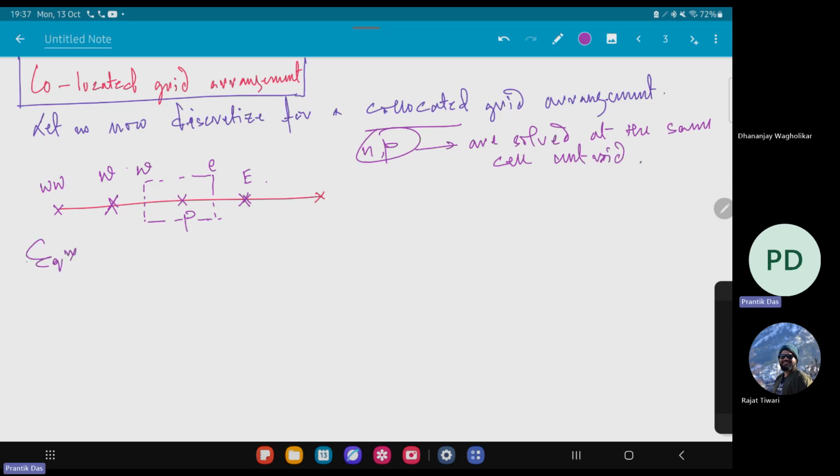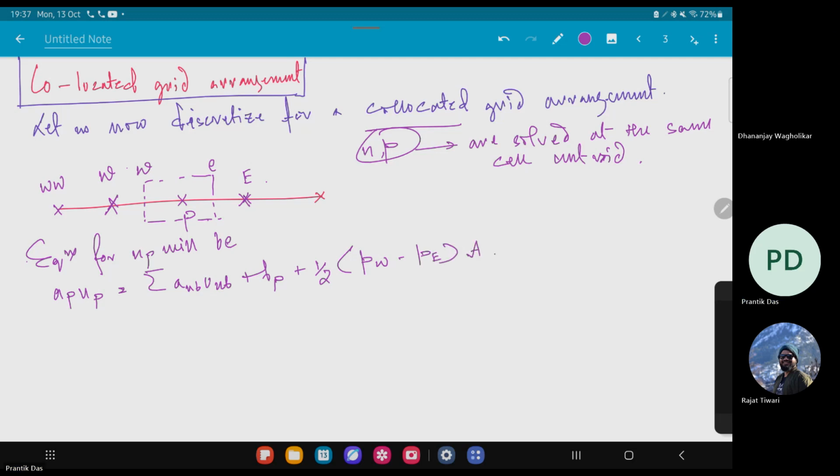and the equation for UP, which we get from the discretization of the Navier-Stokes equation, will be APUP equals ANB UNB plus BP plus half of PW minus PE multiplied by area.